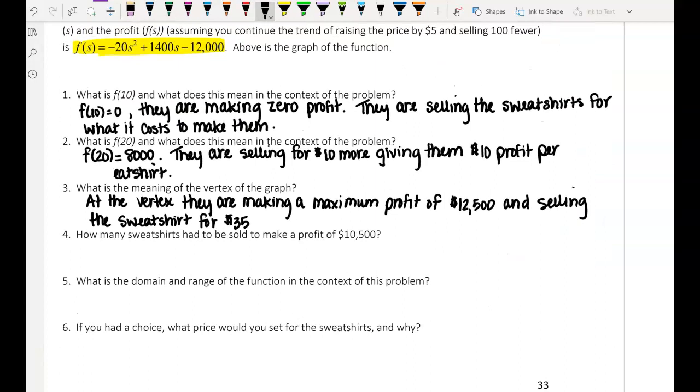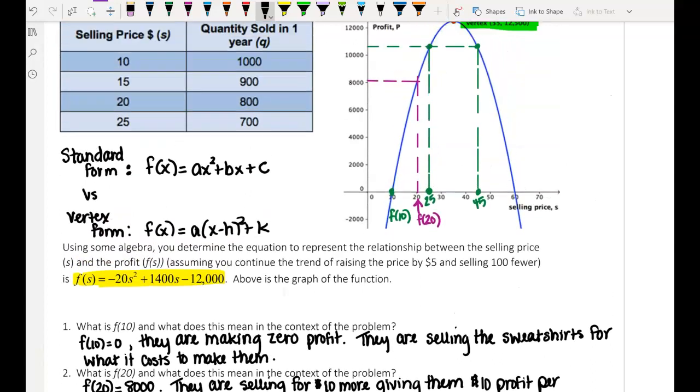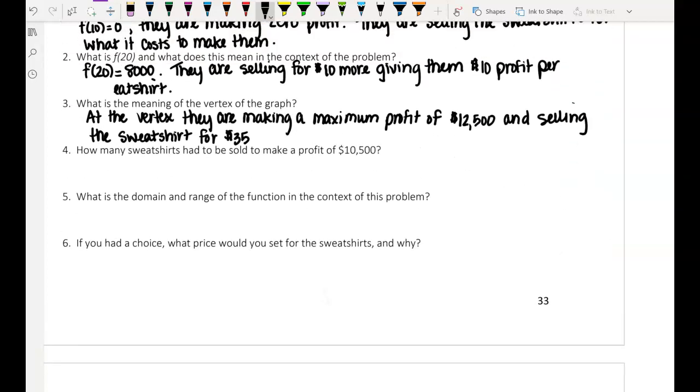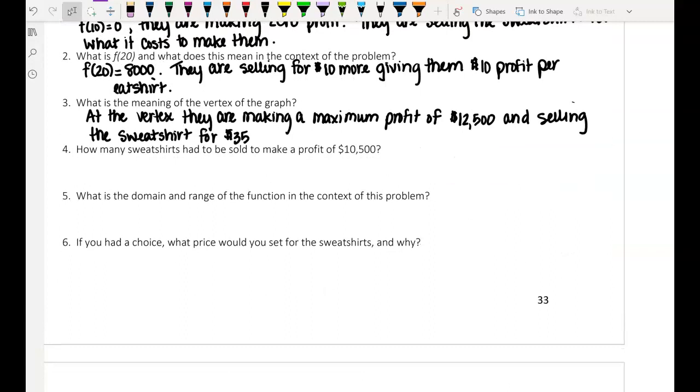So looking at the first one, it said how many sweatshirts. Now, that means I have to go to the other chart. At $25, how many sweatshirts am I selling? 700. So that's why you have to look at both of those.